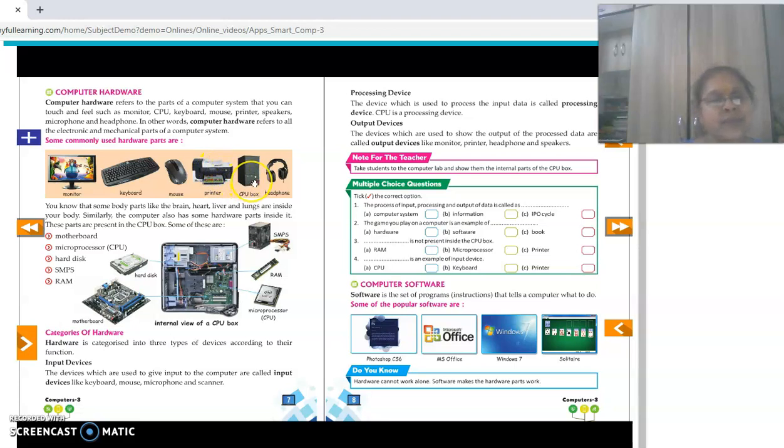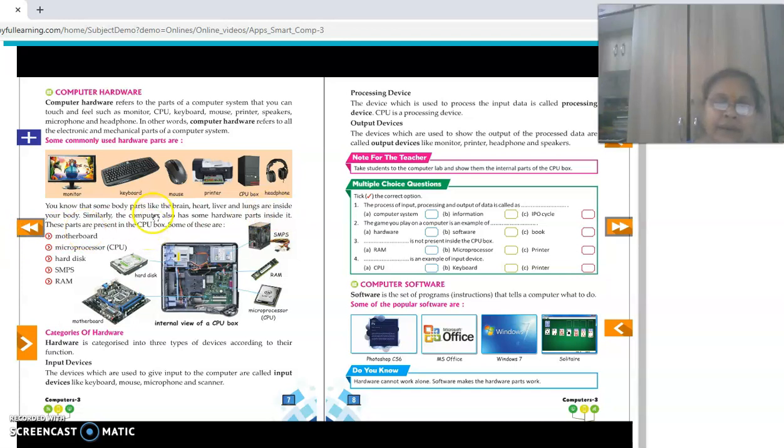Now this is CPU box and this is headphone. So all these parts can be seen physically and can be touched. So these parts are called hardware parts. You know that some body parts like the brain, heart, liver and lungs are inside our body.